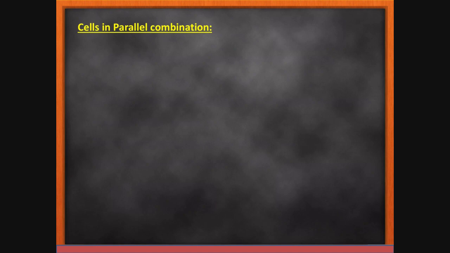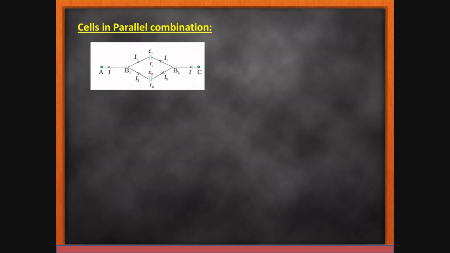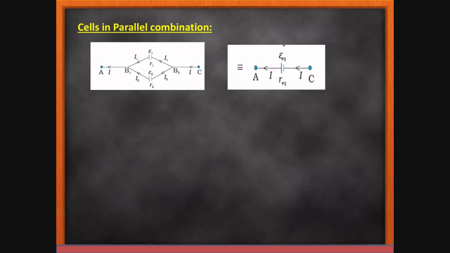Now cells in parallel. If we have E1 and E2 cells in parallel, then the current passing through E1 is I1 and the current passing through E2 is I2, and the net current is I. We need to find the equivalent circuit for this, having equivalent EMF and equivalent resistance.